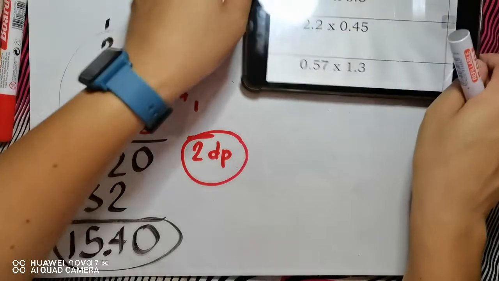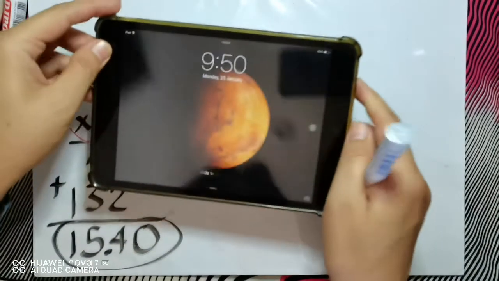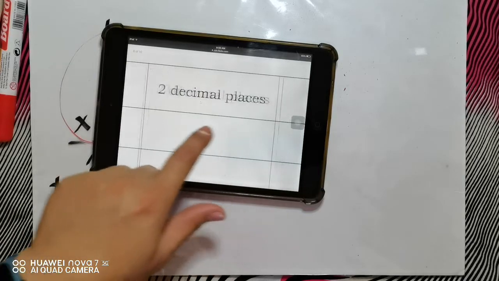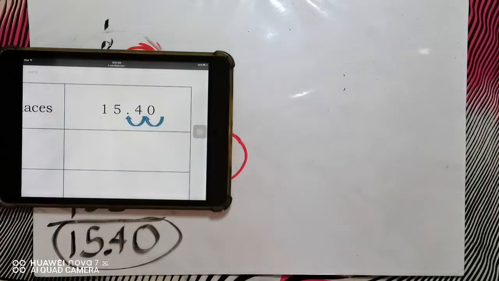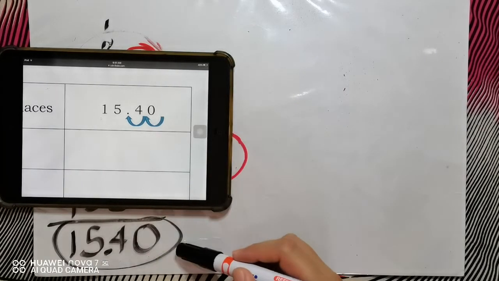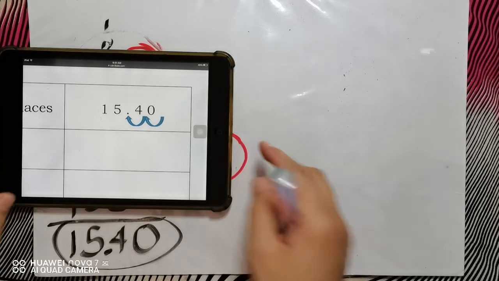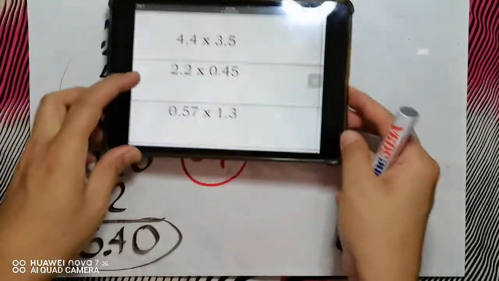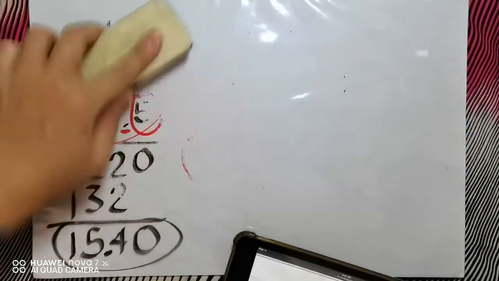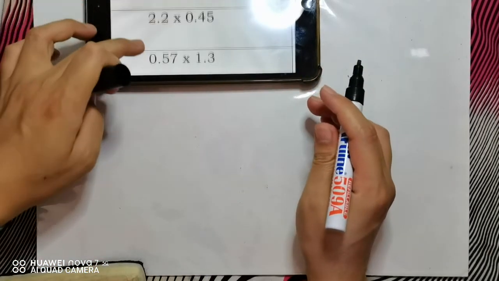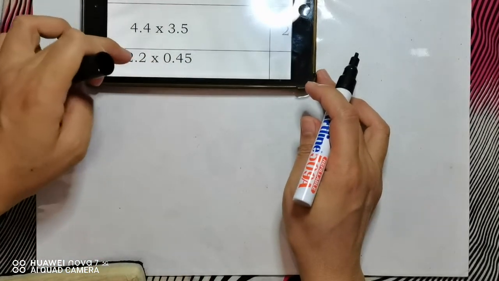So, let's see kung we have the same answer as we have in the example. Tingnan natin. 2 decimal places. See? 15 and 40 hundredths. Now, as a bonus, let's try to answer the next one. So, ito ang sasagutan natin.